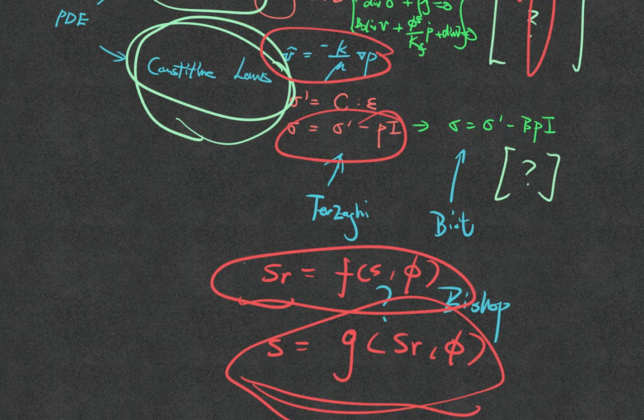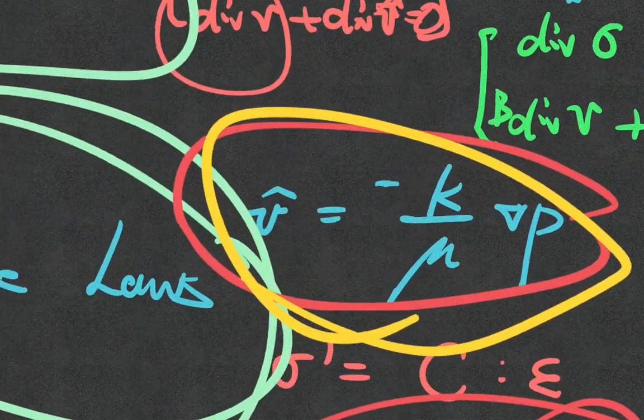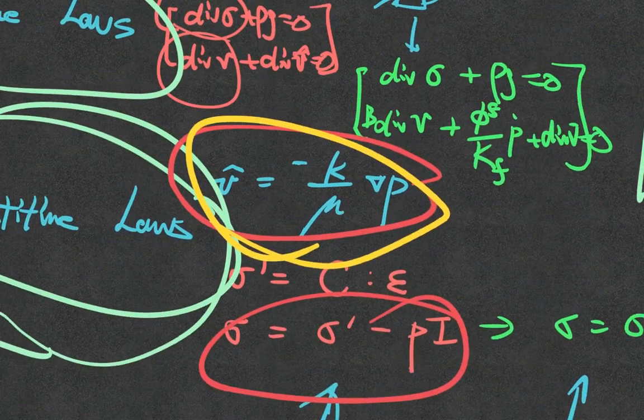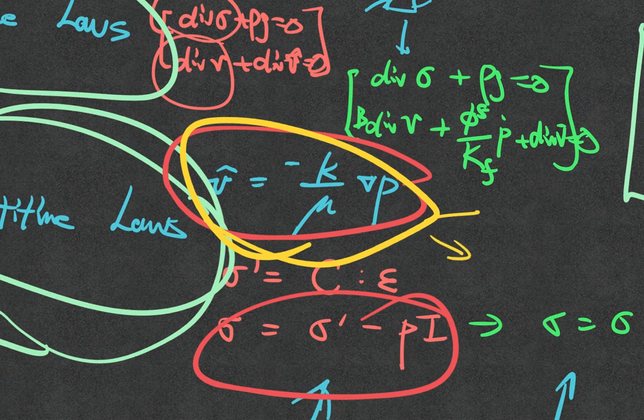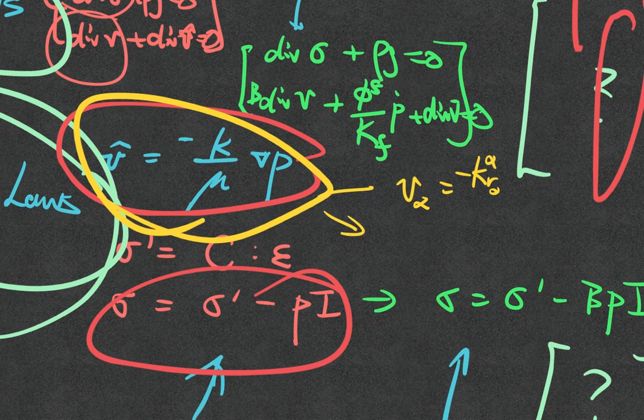The other change you need to make is that Darcy's law now needs to split into 2 Darcy's laws. V alpha equals minus K R alpha times K divided by nu alpha times the gradient of P. This is the viscosity. As I said before, the viscosity of the 2 phases doesn't need to be similar.